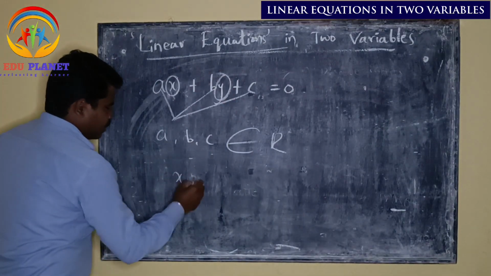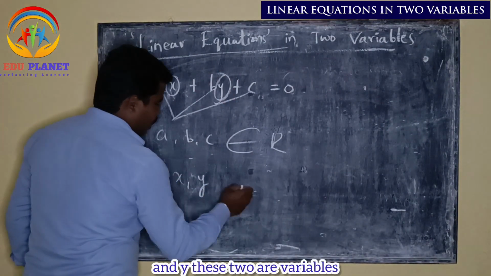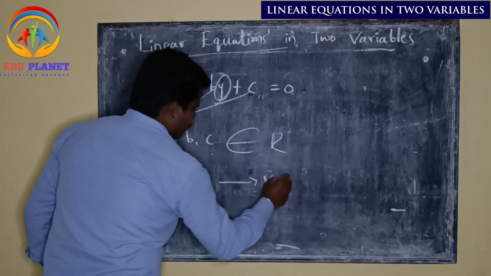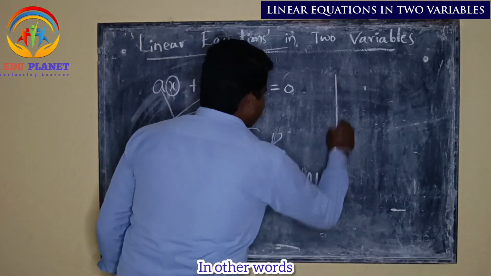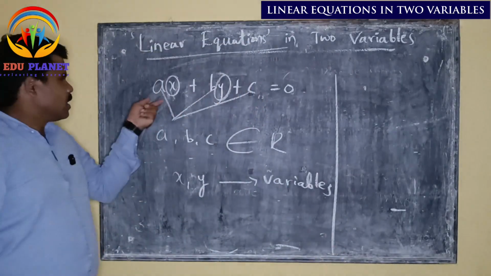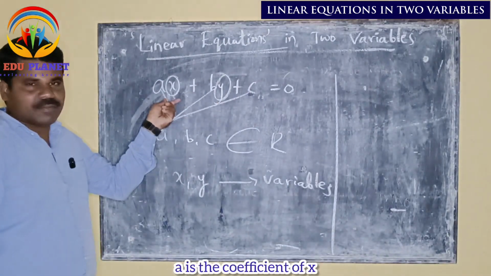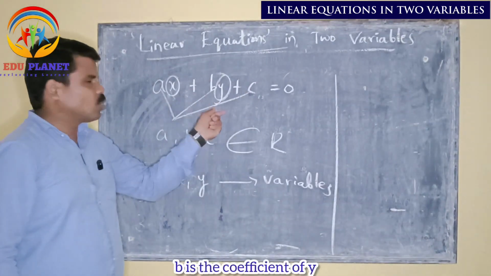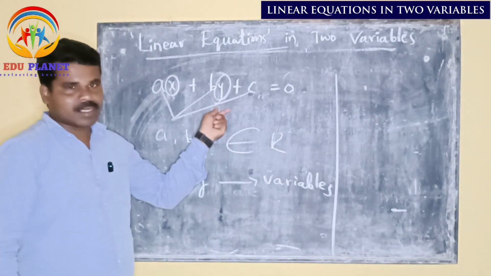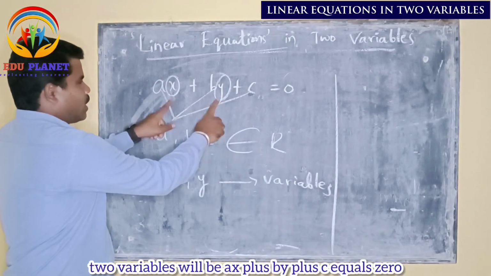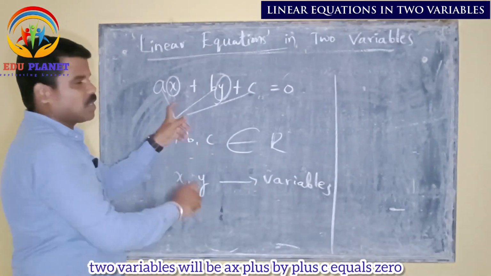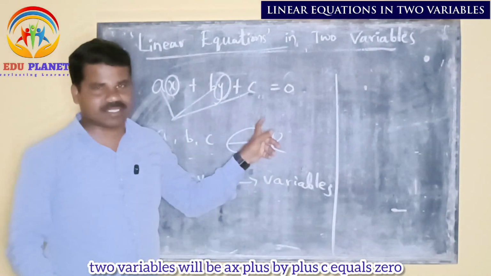X and y, these two are variables. In other words, we can say that a is the coefficient of x, b is the coefficient of y. The basic structure of linear equation in two variables will be ax plus by plus c equals 0.